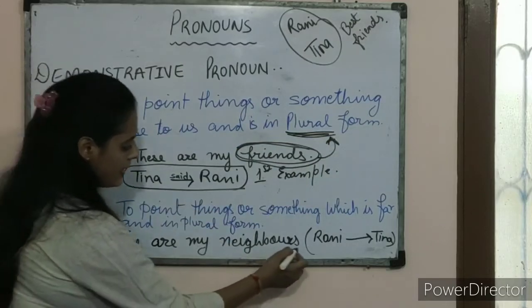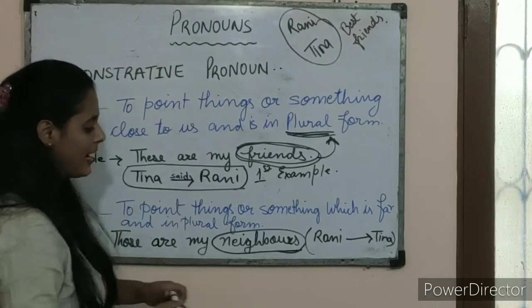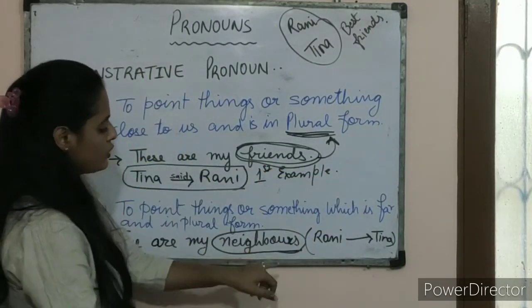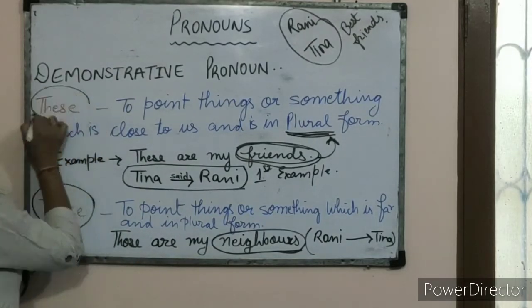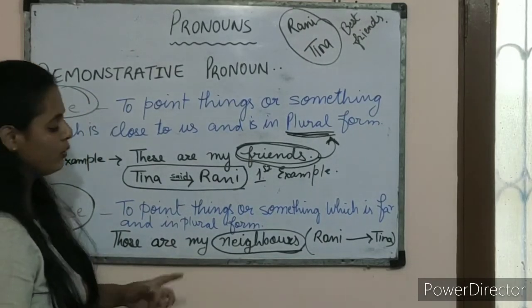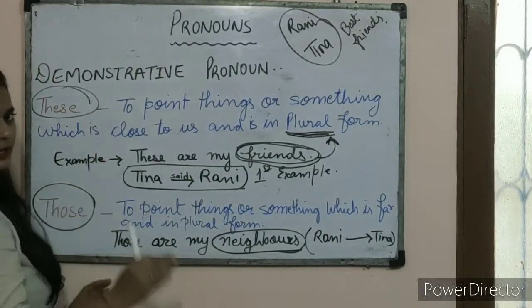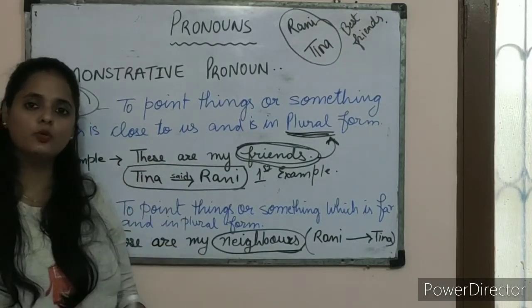It means that neighbors here is the plural form, but these neighbors are not standing with Rani and Tina. They are far enough. Okay. So the pointing word is what? Those. So students, these and those. I hope it is clear to you with the concept of the given example. Here, these and those is clarified. I hope these and those are understood by you.